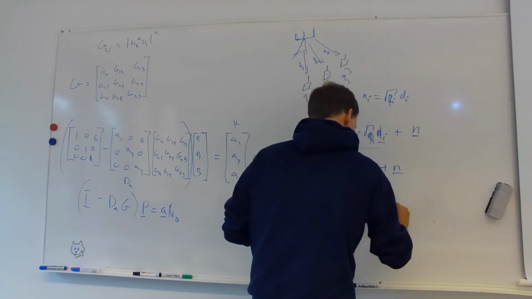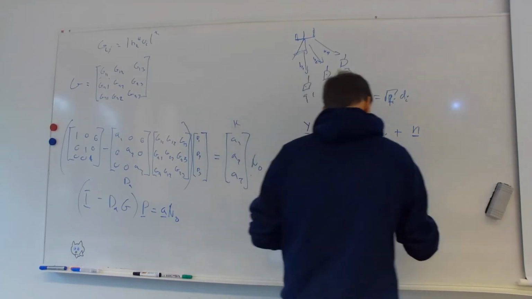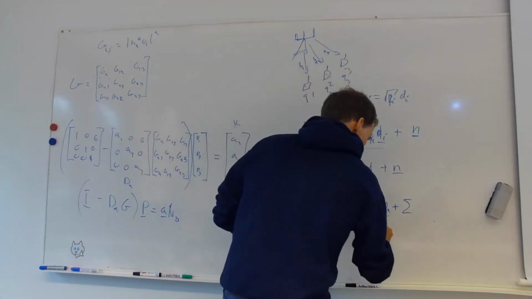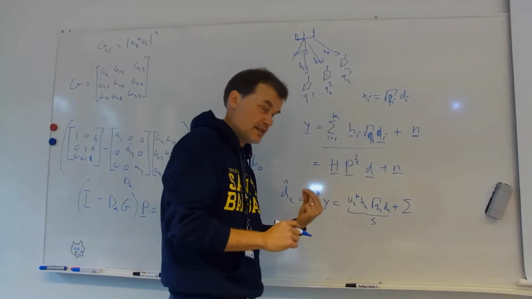UK Hermitian HK QK dK plus, this is the desired part, the desired signal.